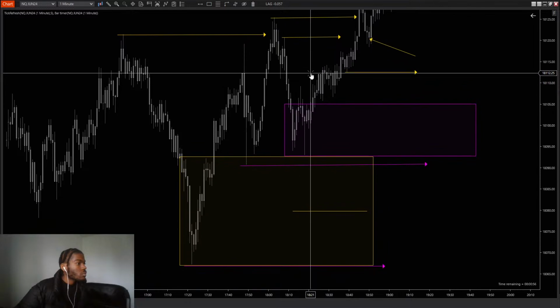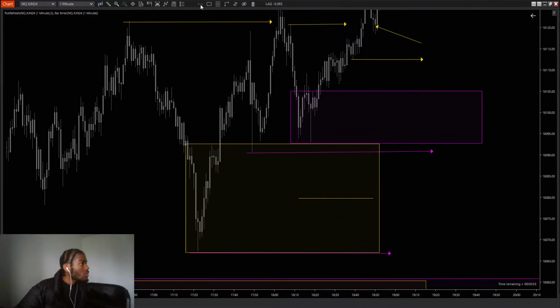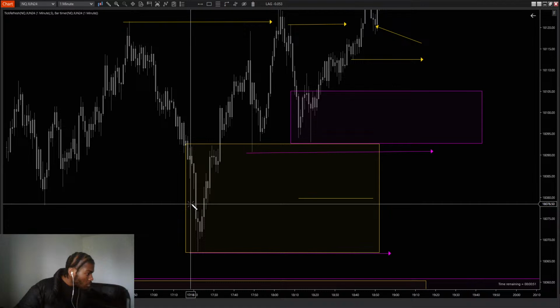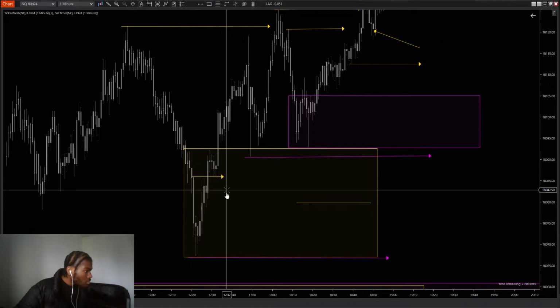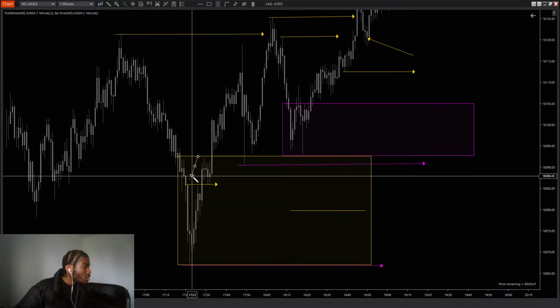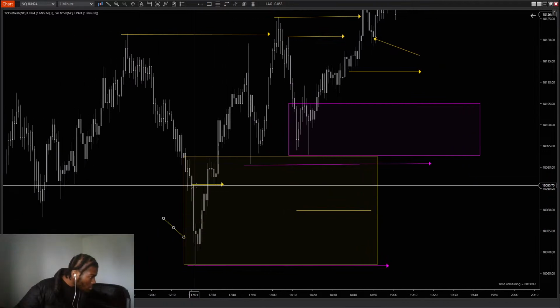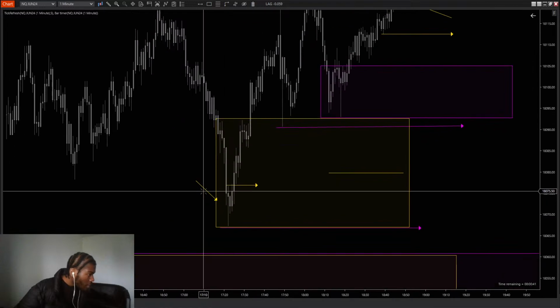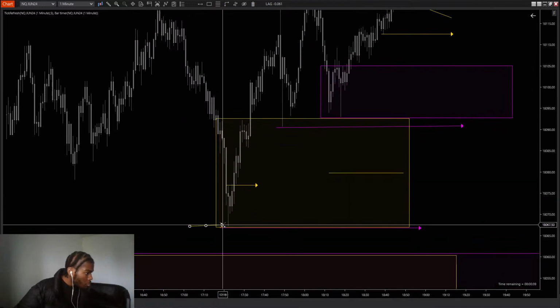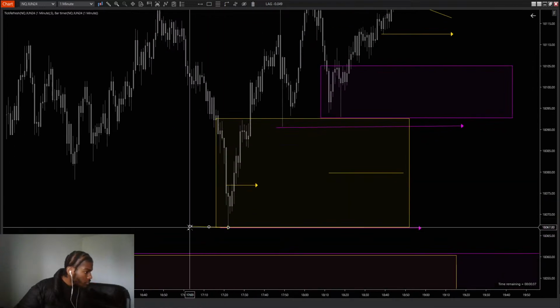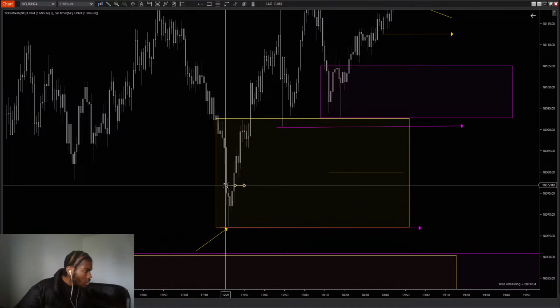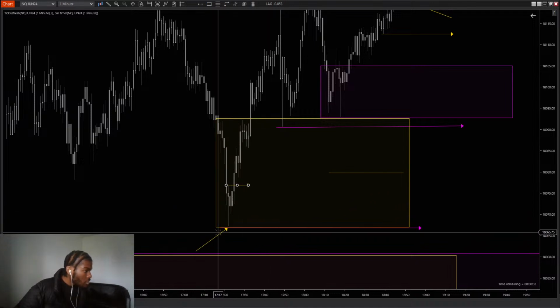Let's start from the origin. This high was responsible for putting in the low right here. You see a body closure above it.